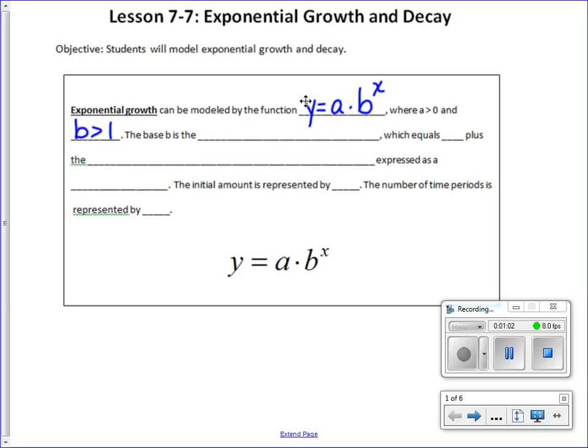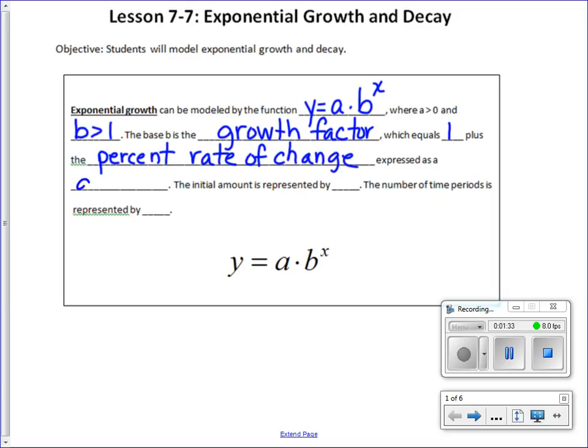The base b is what we call the growth factor. And the growth factor is equal to 1 plus the percent rate of change, expressed as a decimal.